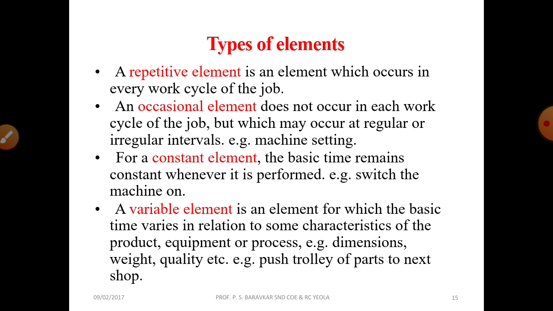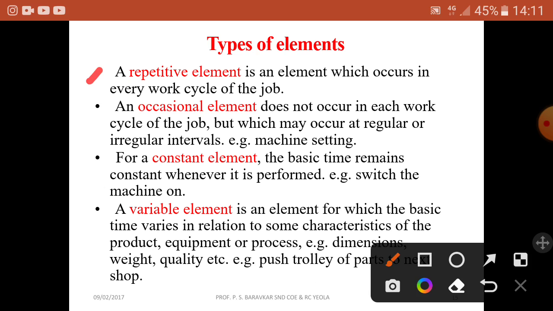Next point is types of elements. A repetitive element is an element which occurs in every work cycle of the job. An occasional element does not occur in each work cycle of the job, but may occur at regular or irregular intervals, for example machine settings.